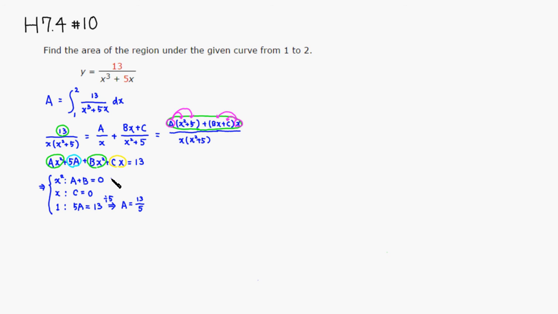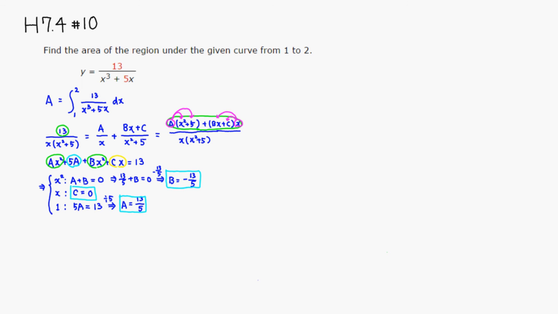Since A is 13 over 5, plus B is going to be 0, so we can simply subtract 13 over 5, so B is going to be negative 13 over 5. So we have everything we need: the value of A, the value of B, and the value of C.